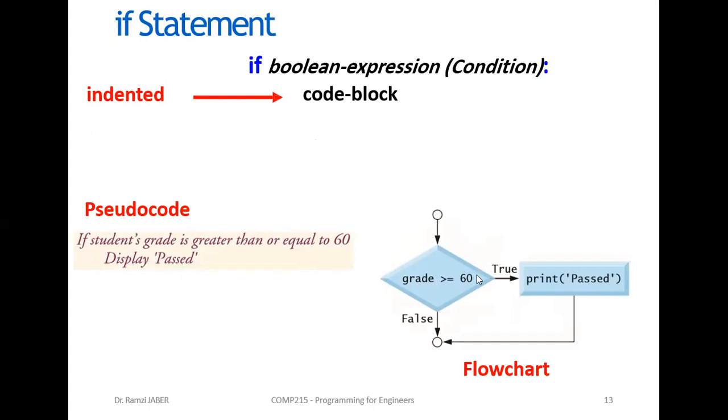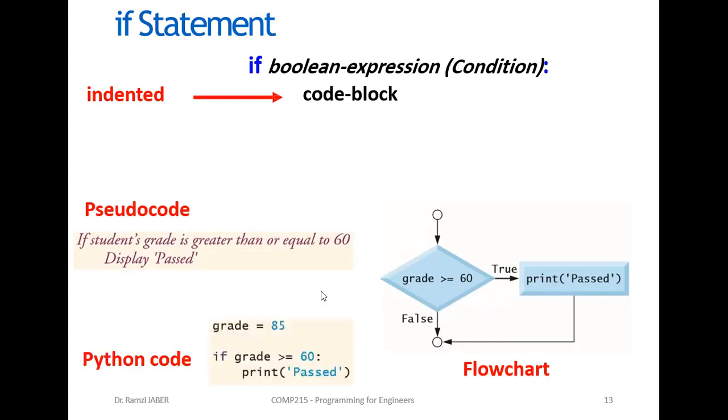On the right, if it's true, make something, print passed. There is no else, this is an if without else. If it's false, it jumps to a small circle here, following the flow lines, and makes the next step. So it will skip this.